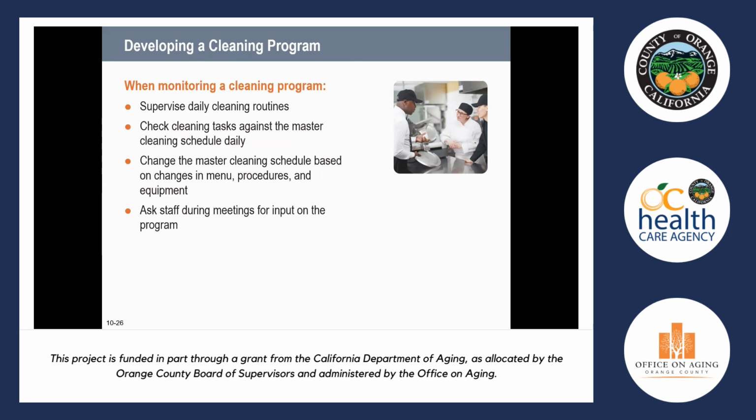When monitoring a cleaning program, supervise daily cleaning routines. Check cleaning tasks and change the master cleaning schedule based on changes in the menu, procedures, and equipment. And ask staff during meetings for input on the program.